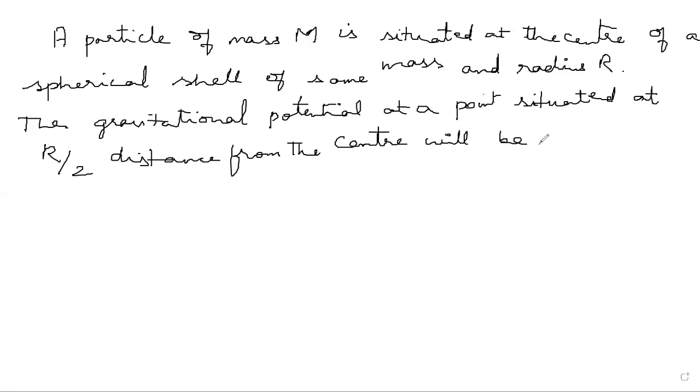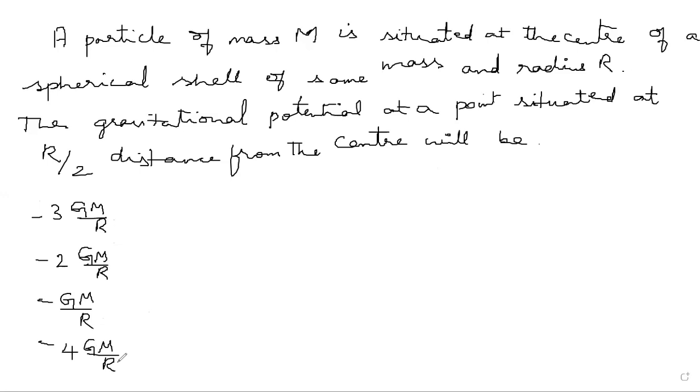The options given are: minus 3GM by r, minus 2GM by r, minus GM by r, minus 4GM by r. They have given the 4 options here.